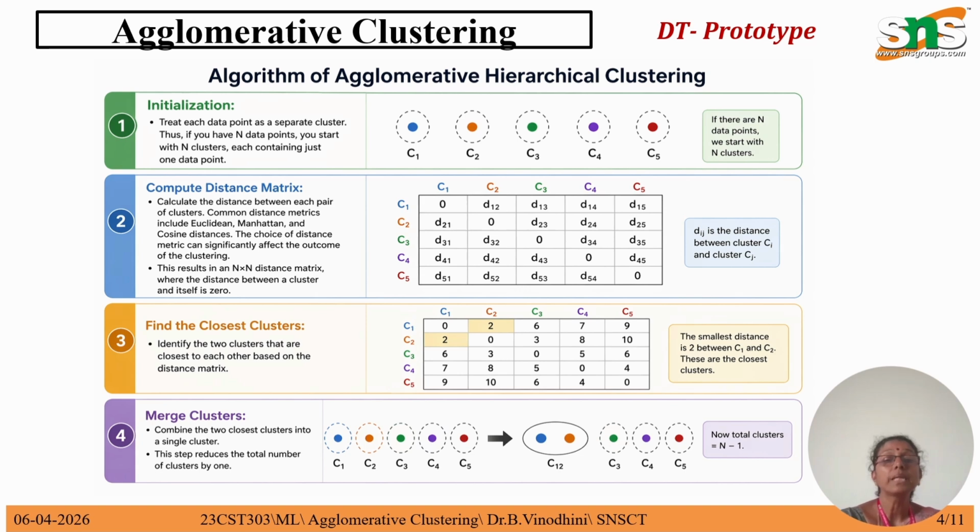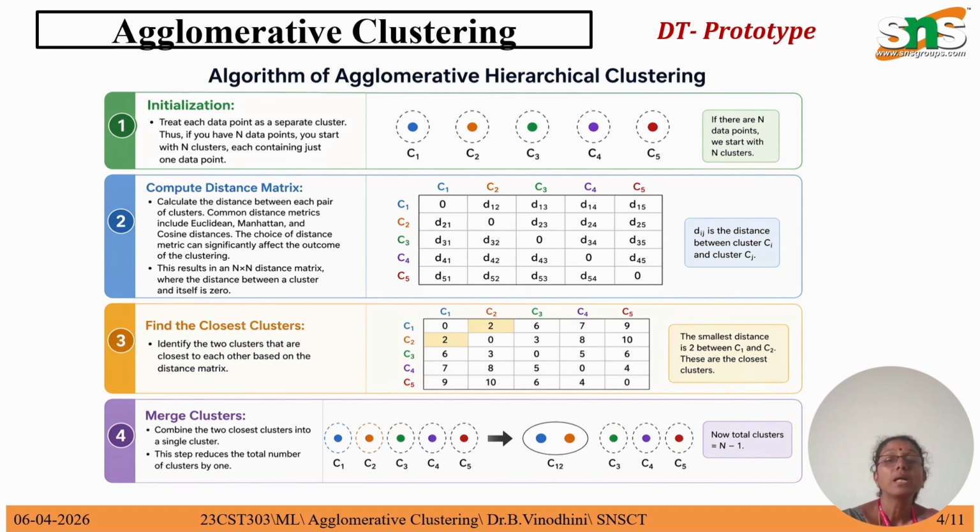The third step is to find the closest clusters. Identify the two clusters that are closest to each other based on the distance matrix. Then we merge those particular clusters.